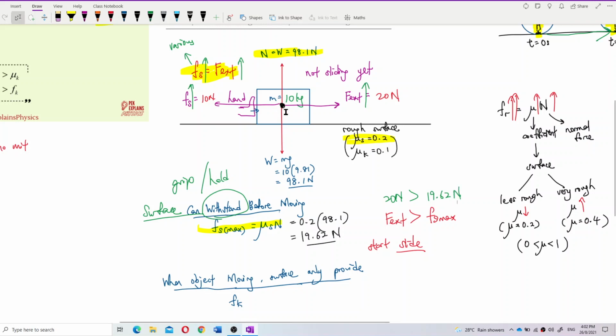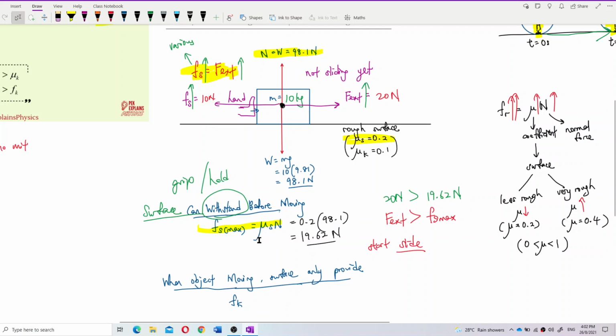What will happen to the crate? This surface cannot hold the crate anymore. This crate will start to slide, because the external force is already over the maximum static friction. The surface can provide up to the maximum static friction mu S n, which is 19.62 only.